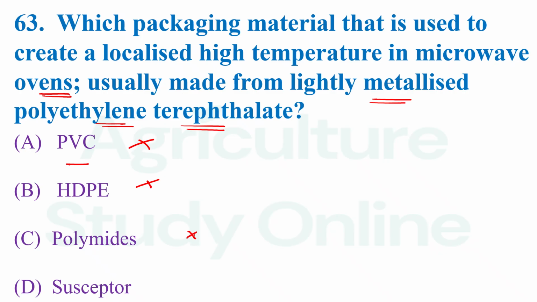Susceptors. So susceptors, they are made from lightly metallized PET, that is polyethylene terephthalate, and it can absorb the microwave energy and it can convert it to heat. So it is used for the browning or crisping, that is pizza, or we can say popcorns, snacks. So it creates a localized high temperature. So over here correct option should be option D, that is susceptors.